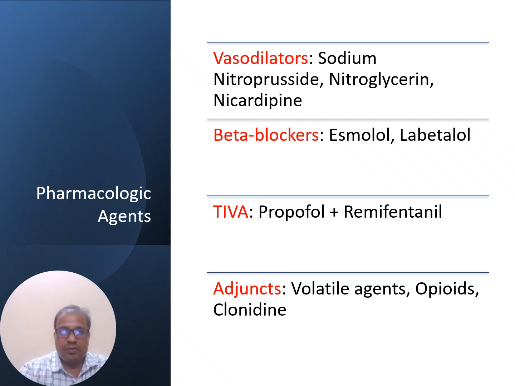In case of total intravenous anesthesia, propofol plus remifentanil can achieve hypotensive anesthesia, and we can also consider the volatile anesthetic agent, which is more suitable to achieve hypotensive anesthesia.